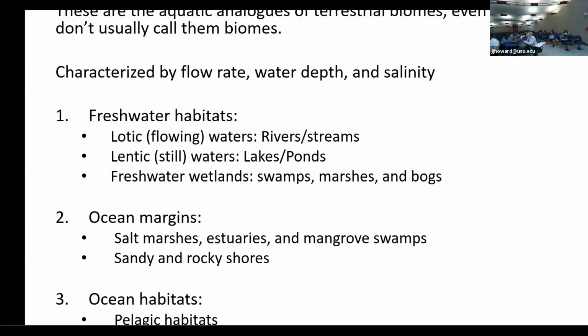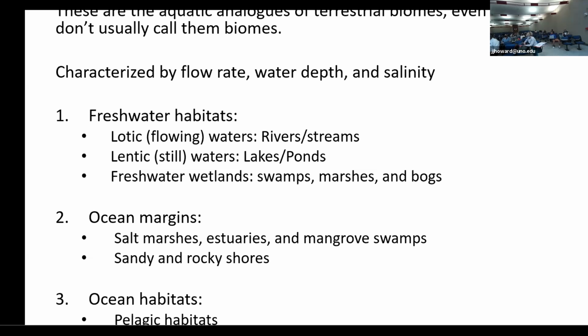So in freshwater habitats, we have lotic or flowing waters, those are rivers and streams. We have lentic habitats, which are lakes and ponds. And then we have wetlands of various descriptions. Some have greater flow than others, some are more saline than others, but they're basically swamps, marshes, and bogs.